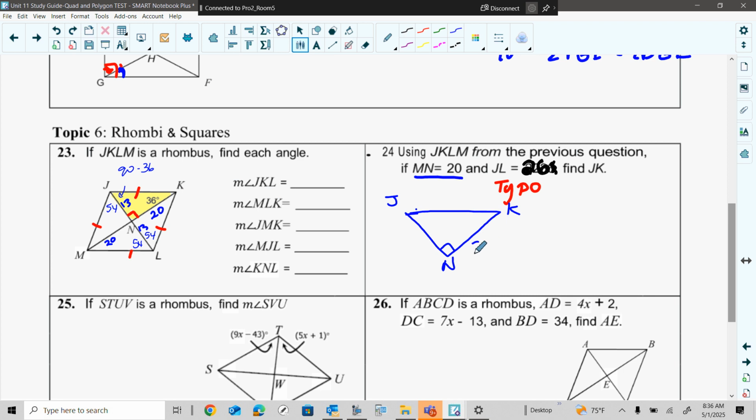The NK is the 20. The JN is the 13. I'm trying to find the missing hypotenuse. So you have to use your a squared plus b squared equals c squared. It's a decimal answer, or you can have a radical answer if you simplify it.